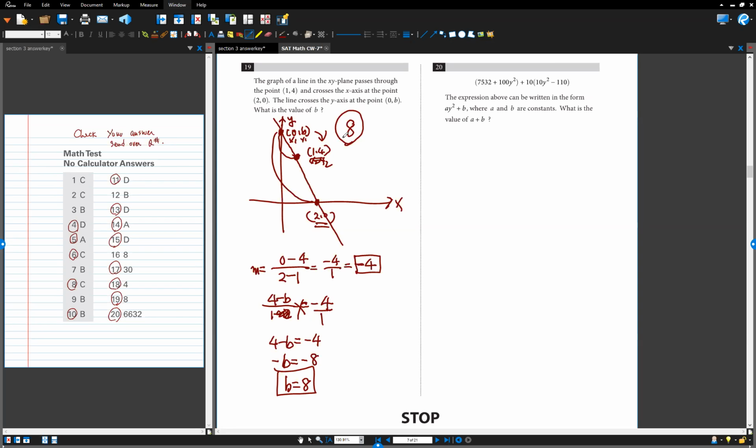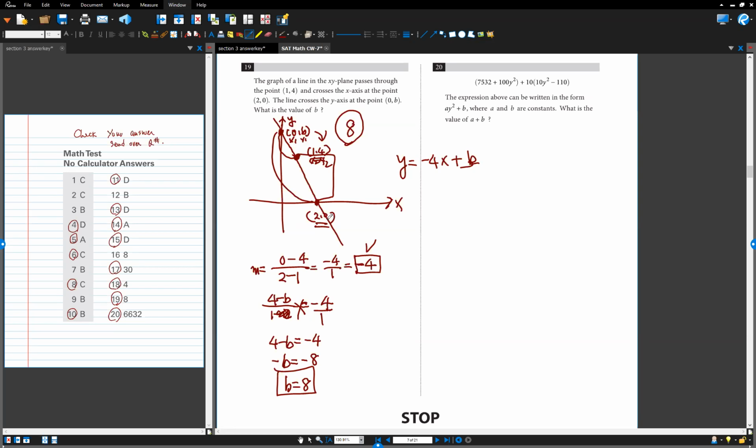Or you can find the equation of this line. That's fine. I'm going to go this way. Maybe someone likes to use the equations. To find the equation, anyway, we need to find the slope first. This is slope. So y equals negative 4x plus b. This is the y-intercept, isn't it? To find the y-intercept, you can use what? Any point. In this case, it doesn't matter.